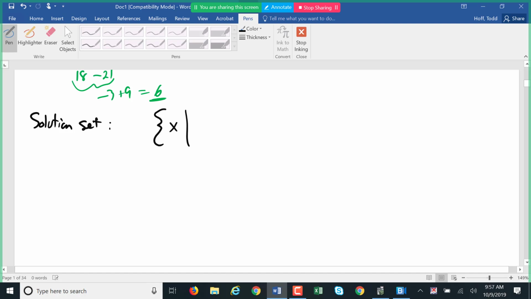It's all values of x such that x is between the negative square root of 7 and positive 1, or x is greater than the positive square root of 7. So that's my set builder or solution set notation.